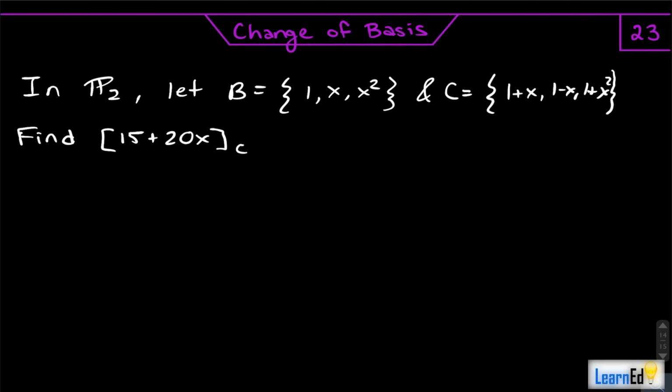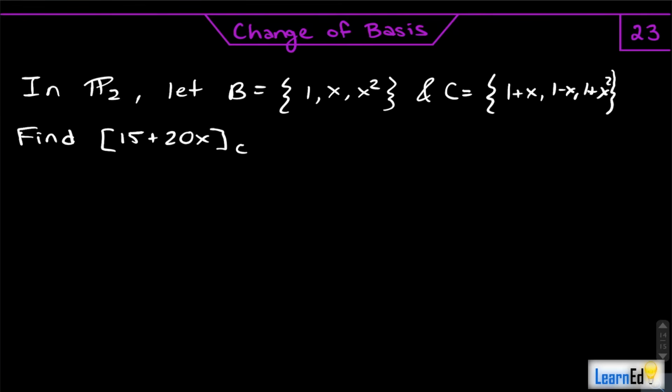In P2, which means polynomial space up to degree 2, like x squared plus x plus 1, you have a basis B, which is 1, x, x squared, and you have a basis C, which is 1 plus x, 1 minus x, 1 plus x squared.